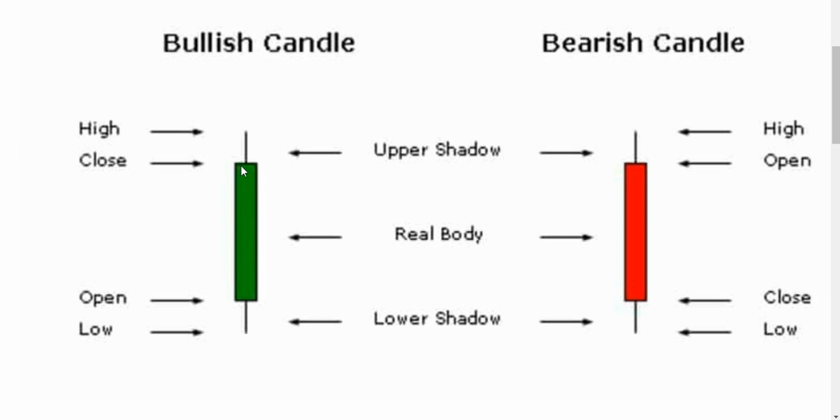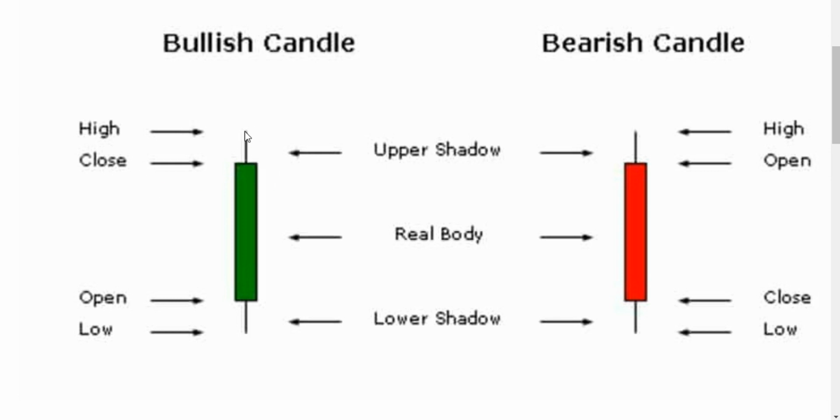This would be one day that the stock has traded. The bottom of a green candlestick is the open, as you can see here. So on that particular day, the stock price opened at this price. During that whole day, it dropped to a low of this, went to a high of this, and closed at the top of the candlestick, which would be here, the close.